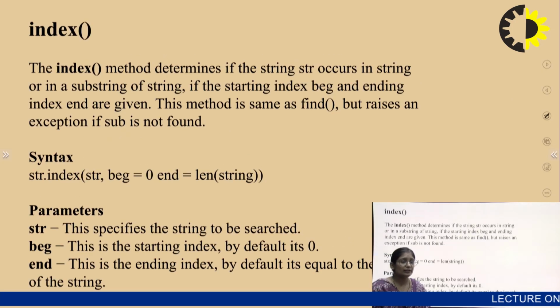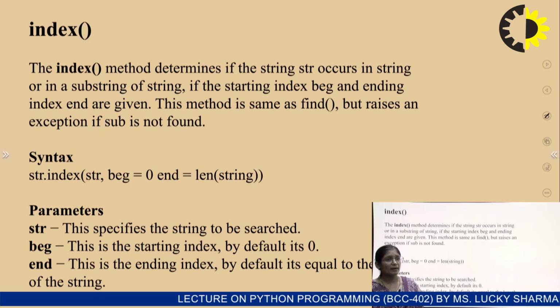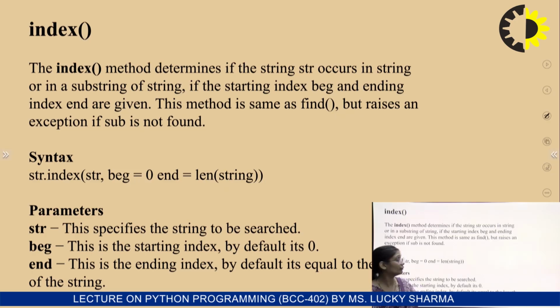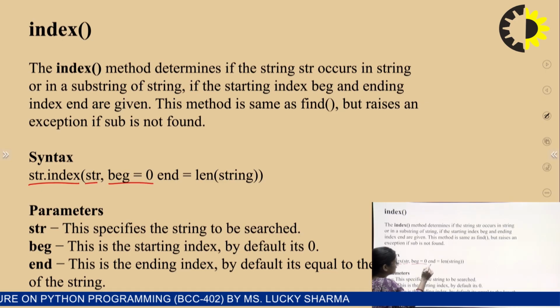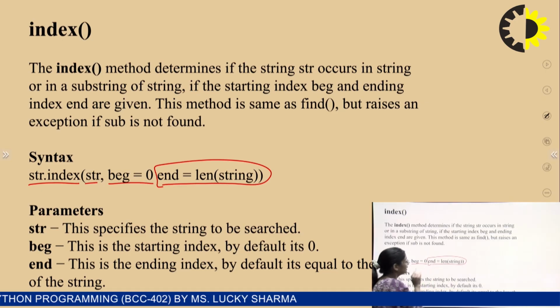The index method determines if the string occurs in a string or in a substring of a string, if the starting index, beginning and ending index are given. This method is the same as find but raises an exception if sub is not found. And the syntax is string dot index, beginning, and end is the length of the string.